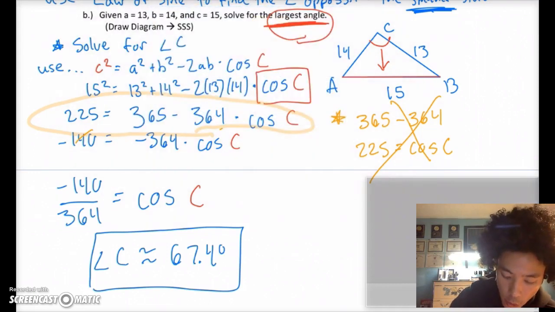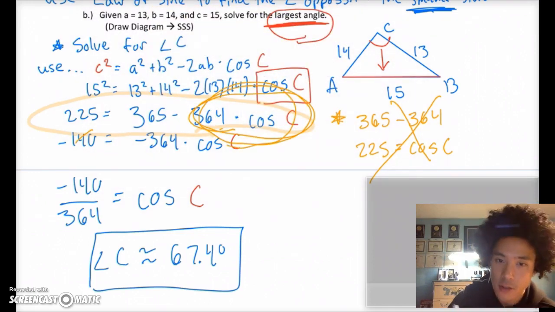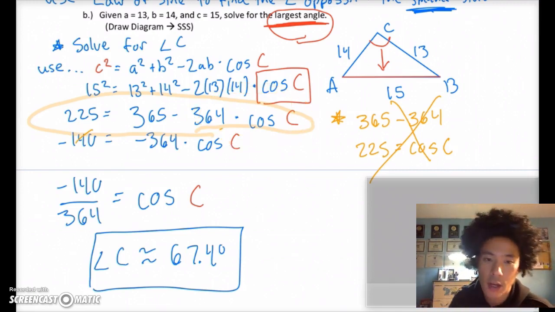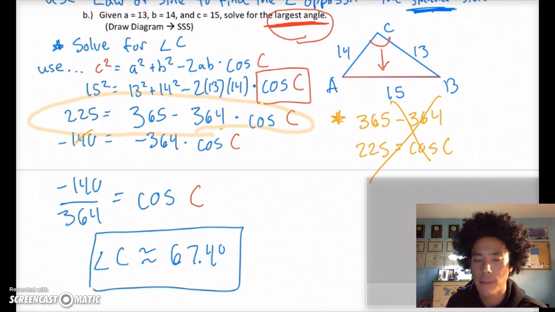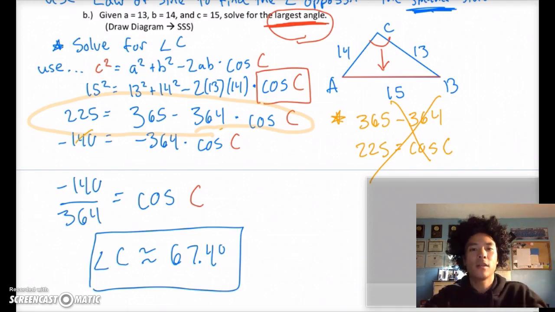This is not true because that 364 is attached to that cosine C. Since it's attached to that cosine C, you cannot subtract it from 365. Okay? All right, that is it for notes.